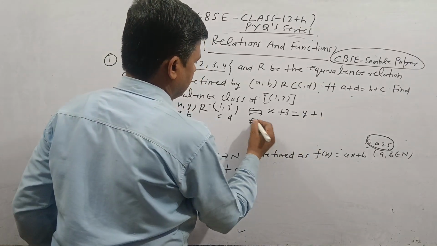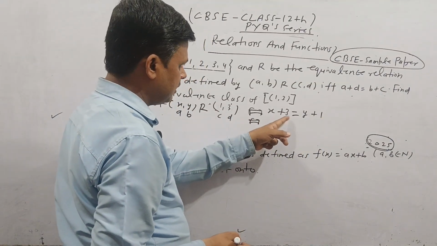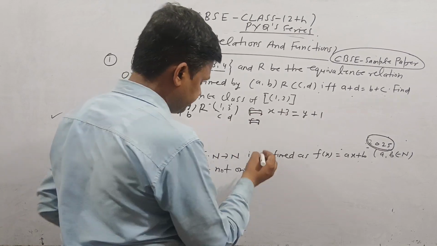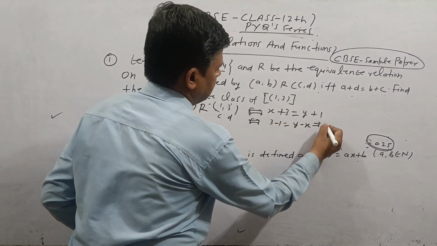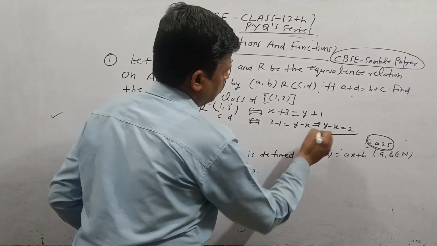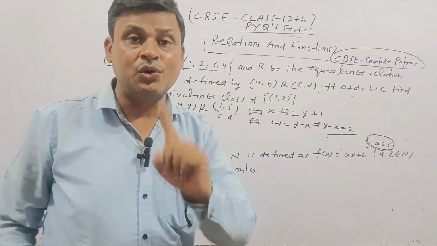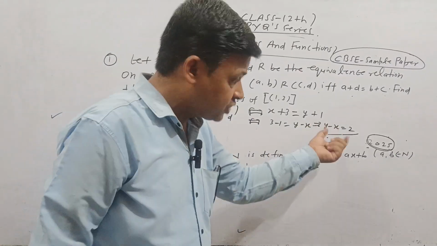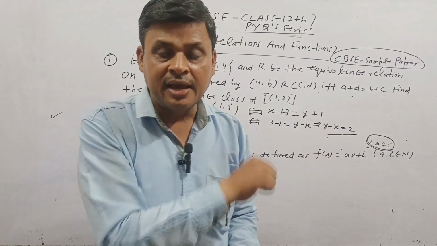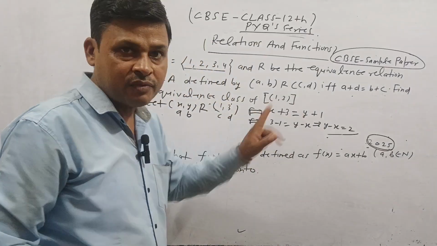So we will write 3 minus 1 is equal to y minus x. In this way, y minus x is equal to 2. So we have gained this equation, and this relation will play a vital role in determining the equivalence class related to this ordered pair (1, 3).